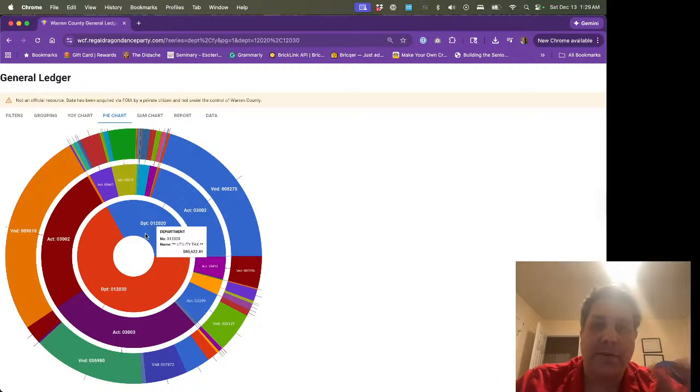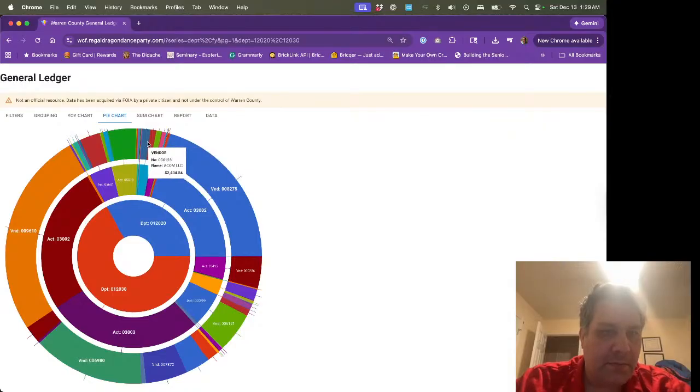So we have the department spending the money, what the money's for, and who's receiving the money. Some of these are broken down. So we have telephone being paid to ACOM LLC and Brightspeed.